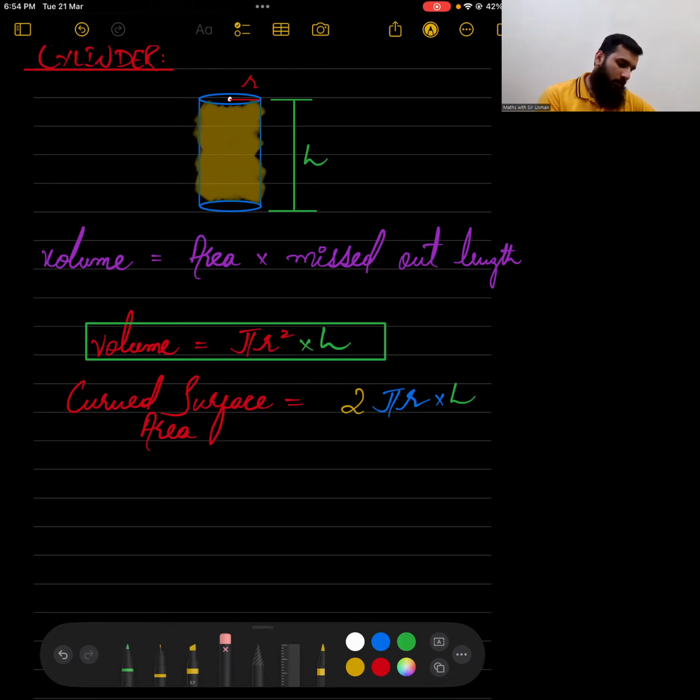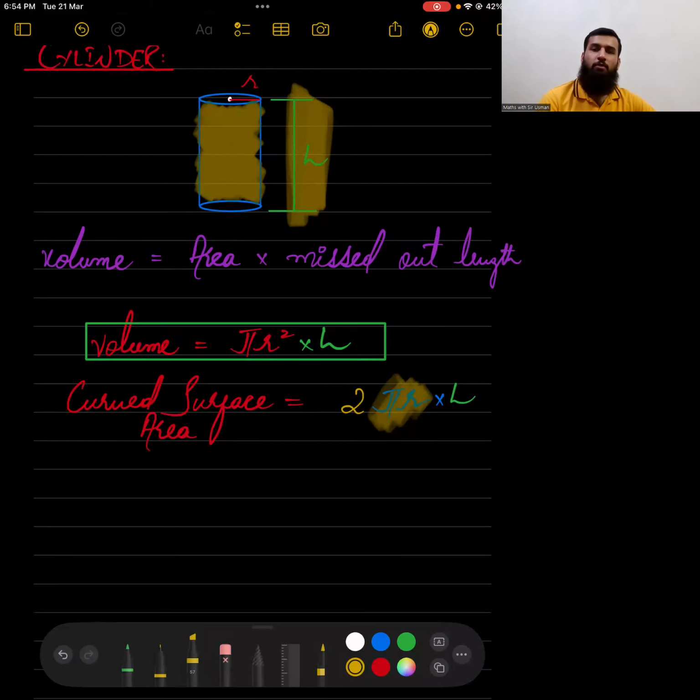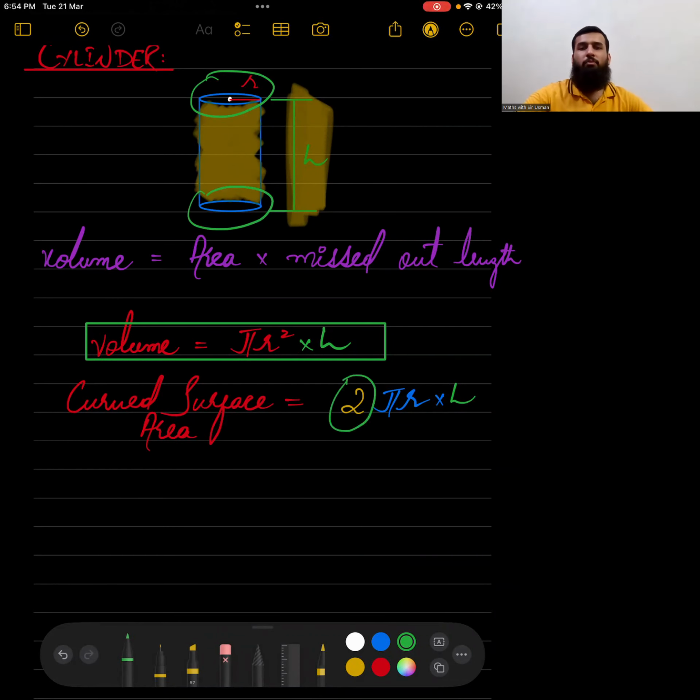The curved area is this shaded area over here, excluding the top and bottom circles, and it is expanded on a length of h centimeter. So since we are dealing with curved area, we would have pi r, then we have the height as h, and we have a circle at the top and bottom, which are two circles in total. So we would make it 2 pi r times height, and that would be curved surface area.